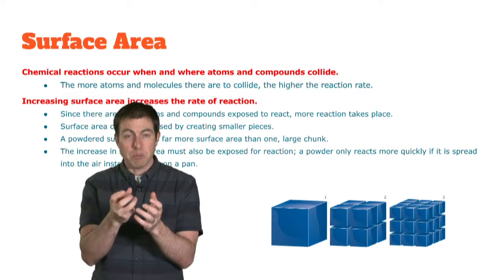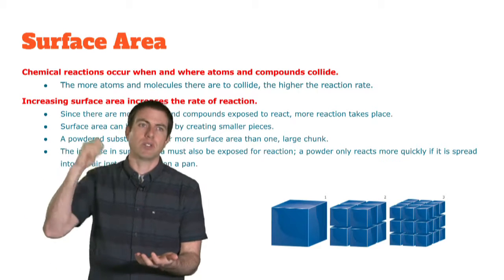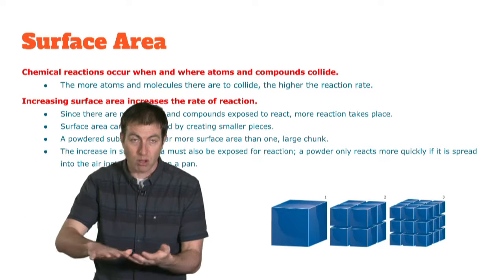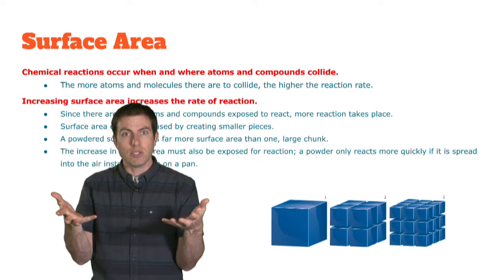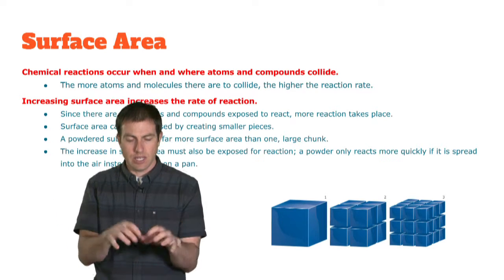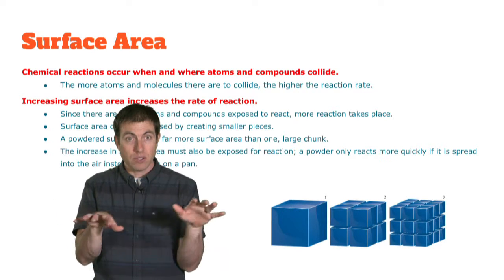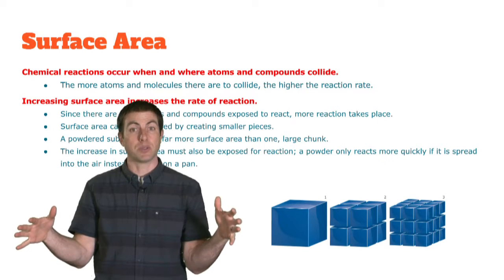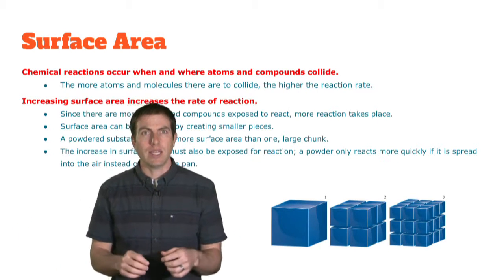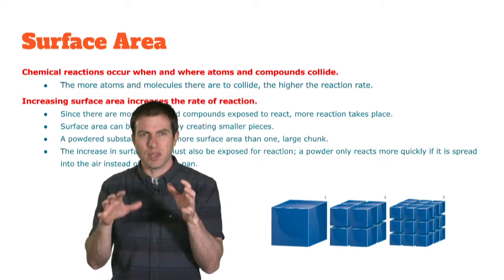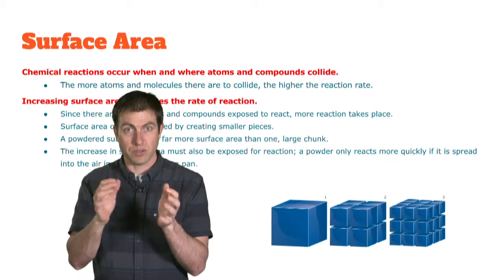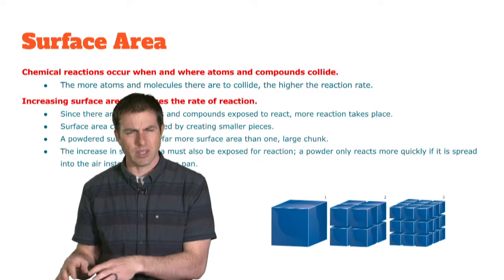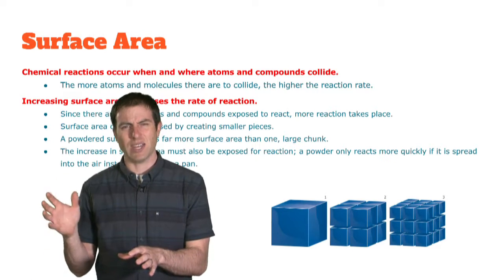Now if I took that same block of sugar and took a hammer to it and just smashed it up and broke it all down, it's now kind of a powder, and all of the sugar that was trapped on the inside of the cube is now exposed. When you think of surface area, you think, oh, this big block has a lot of surface area, but this powder doesn't have as much. That's not how it works.